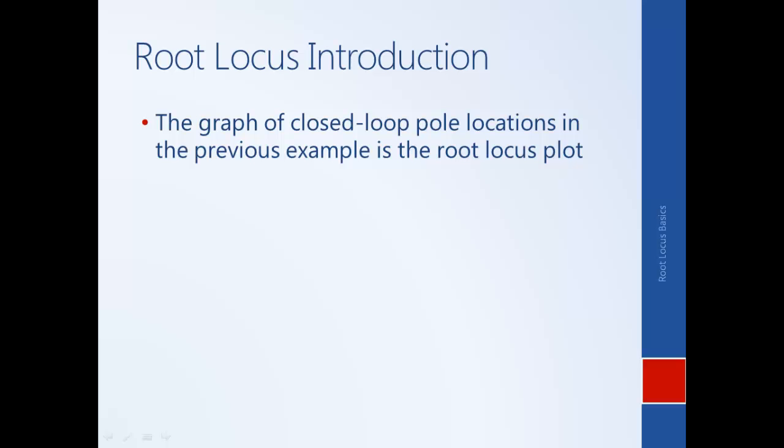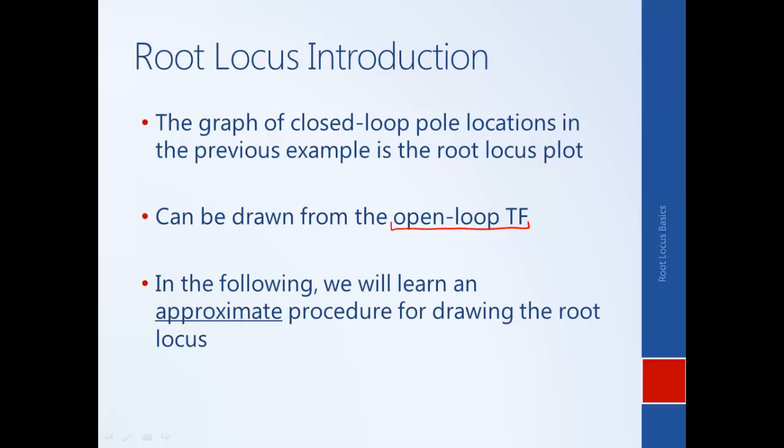It turns out, however, that we don't have to do it in that brute force manner. There's actually a procedure where we can draw this root locus based on the open loop transfer function. So it's interesting that we can determine all of the closed loop pole locations based on the open loop transfer function. And we're going to learn this procedure.